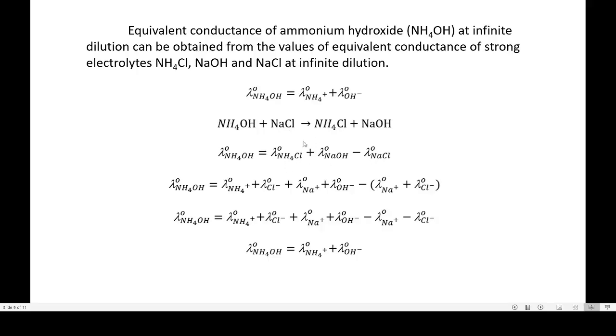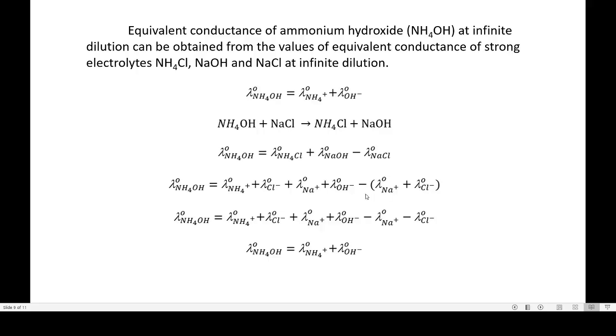So from Kohlrausch law, we can write this as ionic conductance of ammonium ion plus ionic conductance of chloride ion at infinite dilution, plus for sodium hydroxide, ionic conductance of sodium ion plus ionic conductance of hydroxide ion at infinite dilution, minus, for sodium chloride, ionic conductance of sodium ion plus ionic conductance of chloride ion.